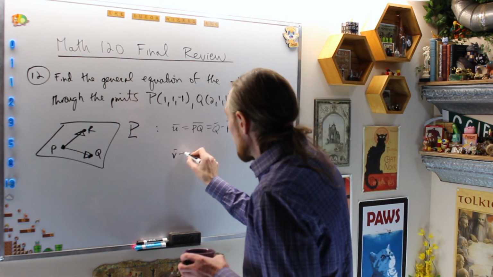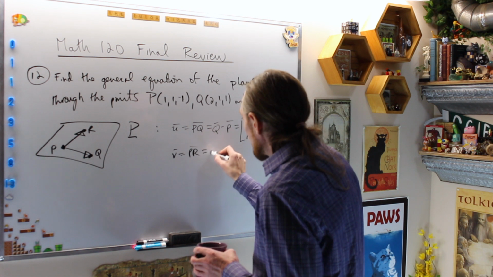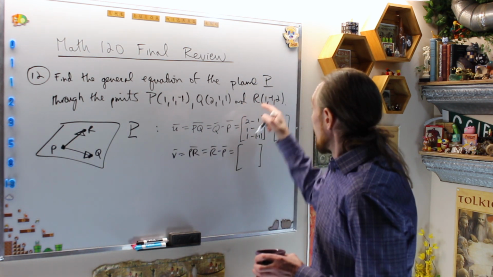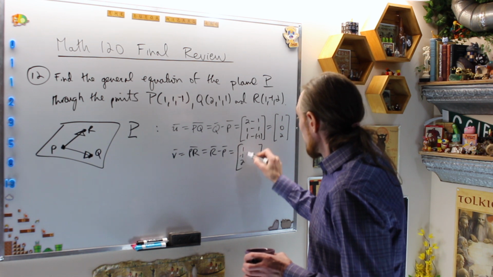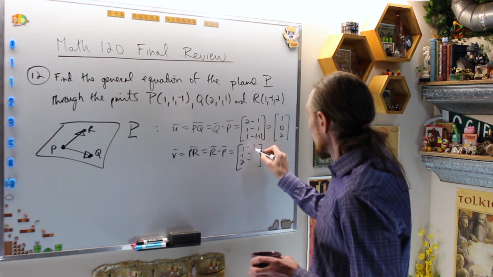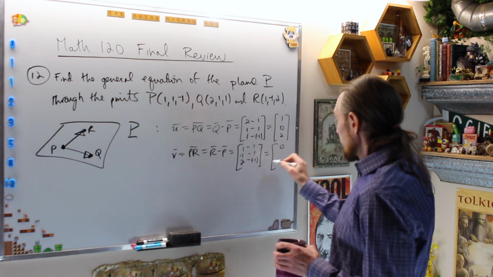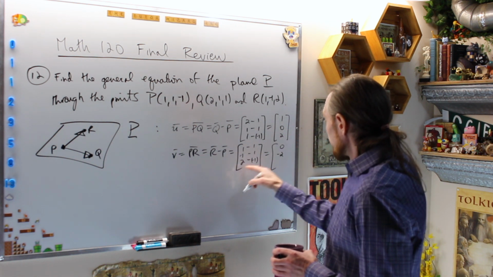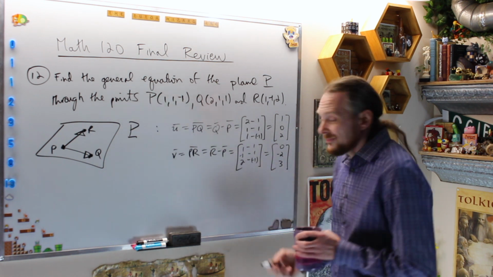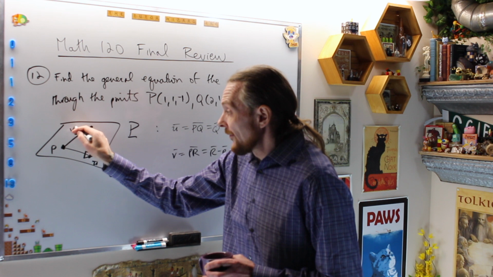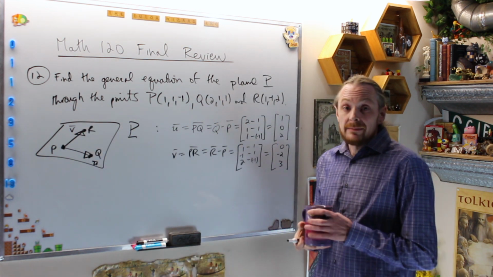And V is going to equal PR, which is R minus P as vectors, which is the vector R, 1, minus 1, 2, minus 1, 1, minus 1, which is equal to the vector 0, negative 2, 3. Now I have two vectors, U and V, lying in my plane.